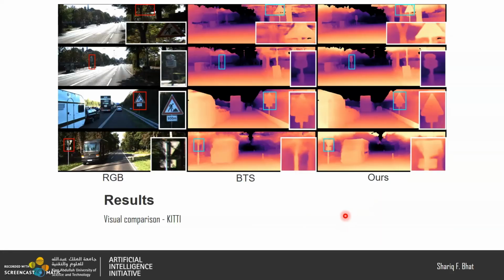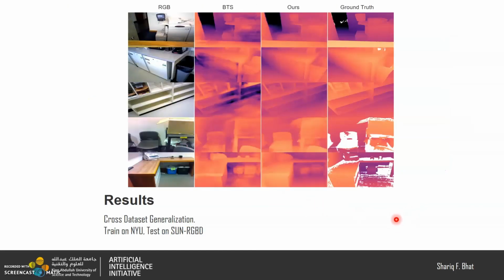Our model outperforms all the state-of-the-art methods across all the datasets. These images are from the KITTI dataset. You can observe the differences, for example, here on the signboard. We also test generalization capability of our model by training on one dataset and testing on another.